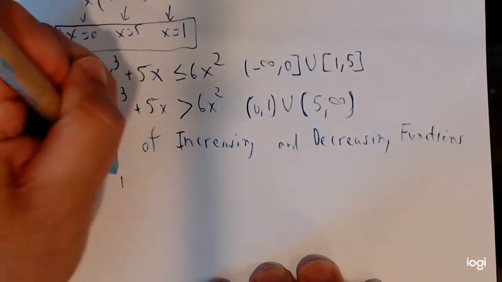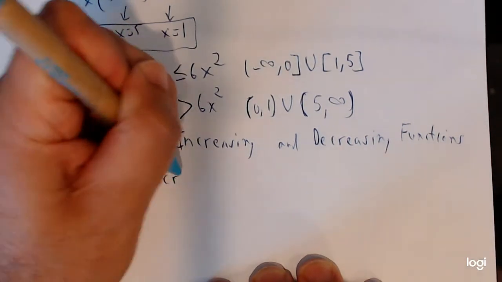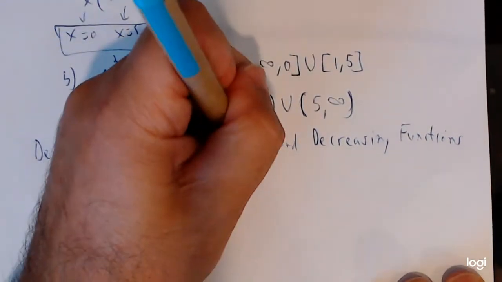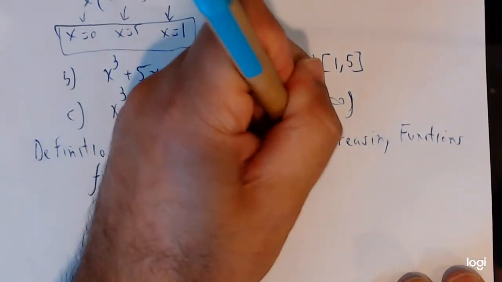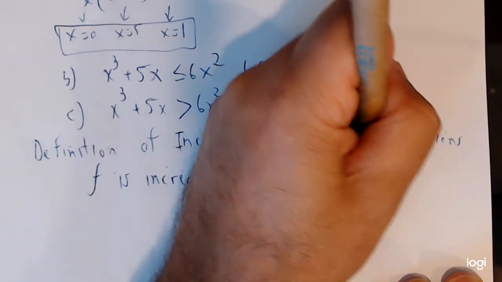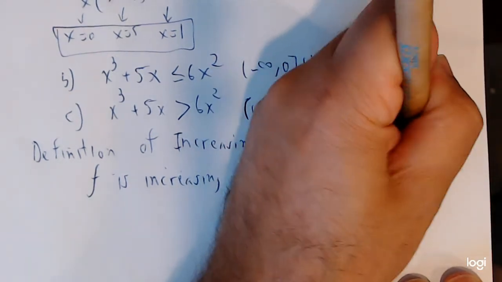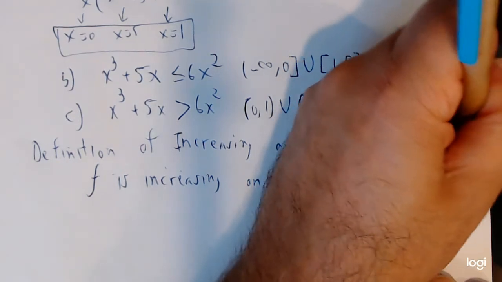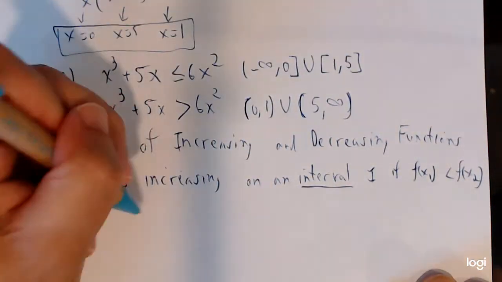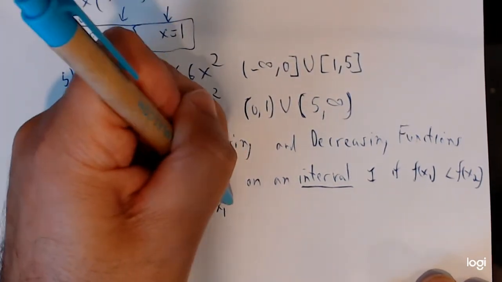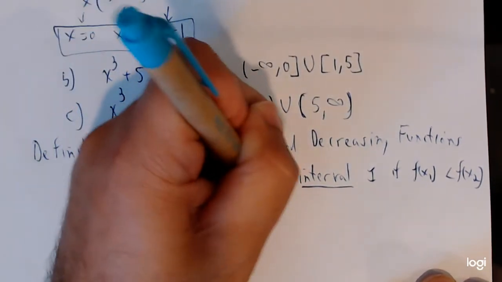We'd say f is increasing on an interval I if f of x sub 1 is less than f of x sub 2 whenever x sub 1 is less than x sub 2 in that interval.